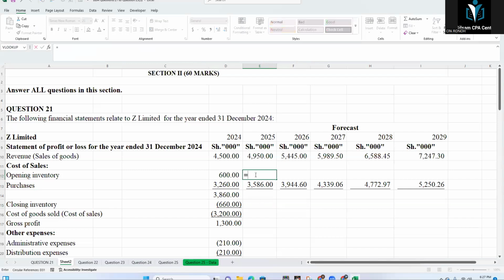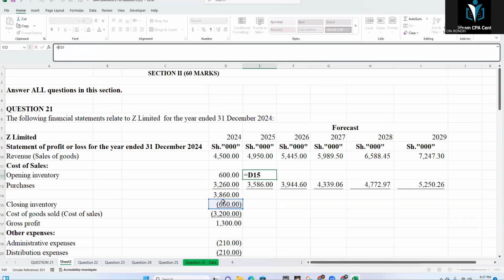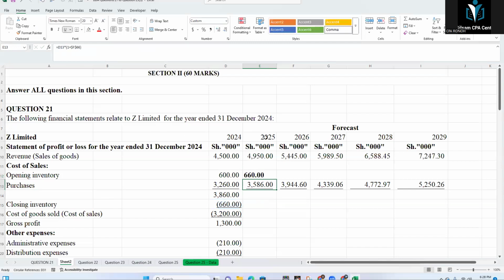I would say equals to the closing stocks. But I have to put a negative because this is a negative and this one should be positive. So I have to put a negative here. Click enter. Also you can apply the same format there. So this will be opening stocks.